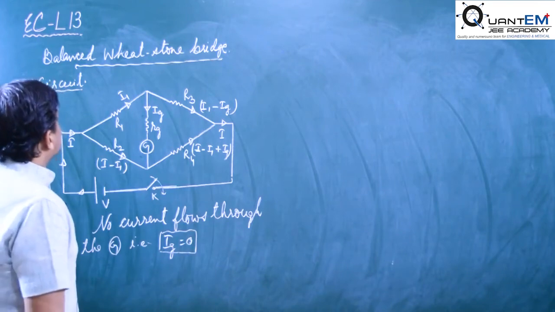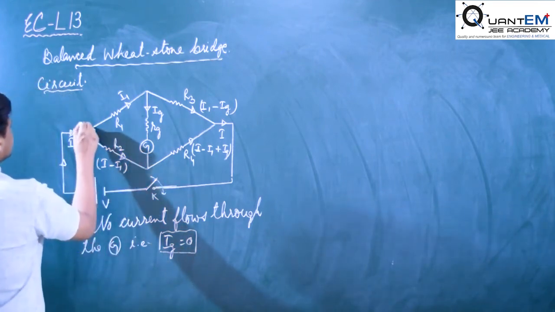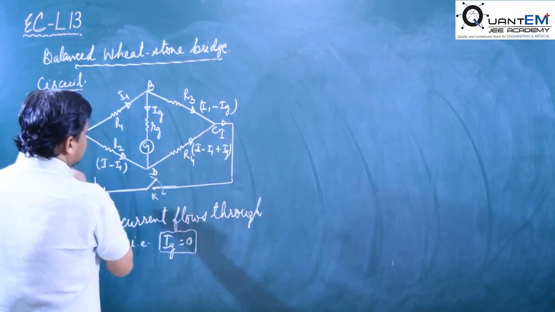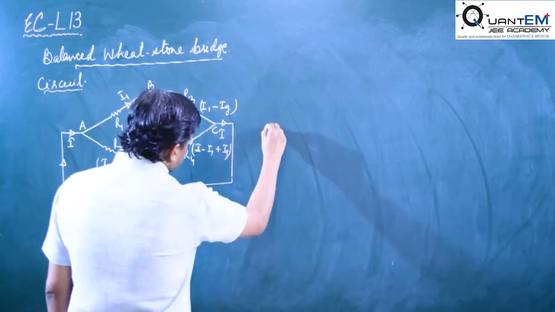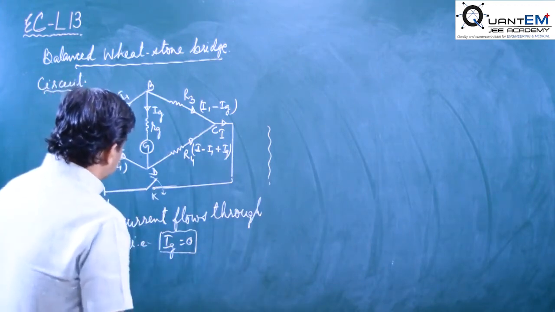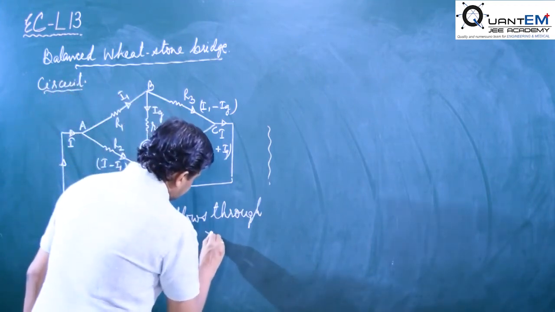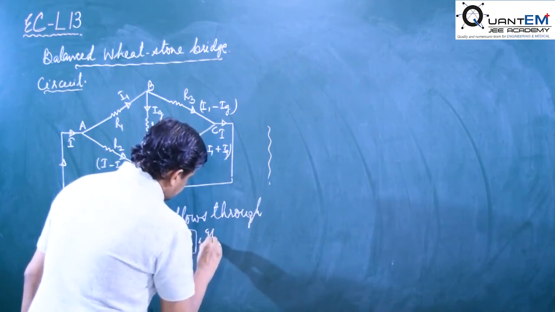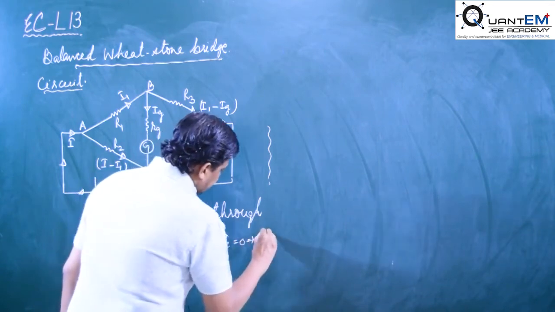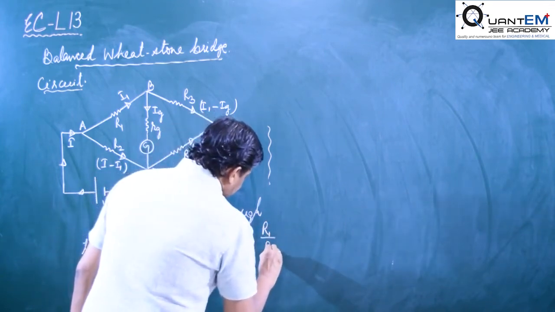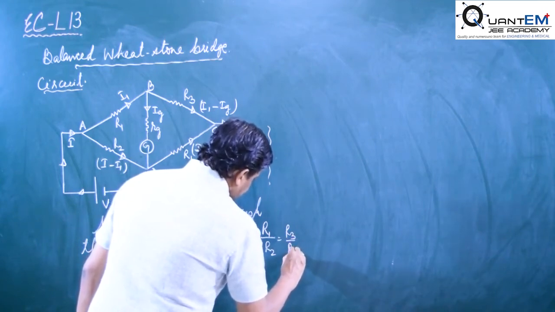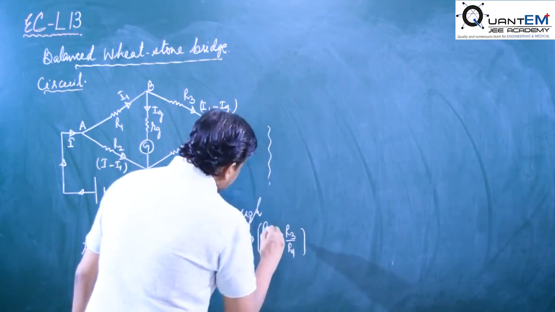Now this point is suppose A, B, C and this one is D. So now using Kirchhoff's law, if Ig is equal to 0, it implies that R1 by R2 will be equal to R3 by R4. This result will be satisfied.